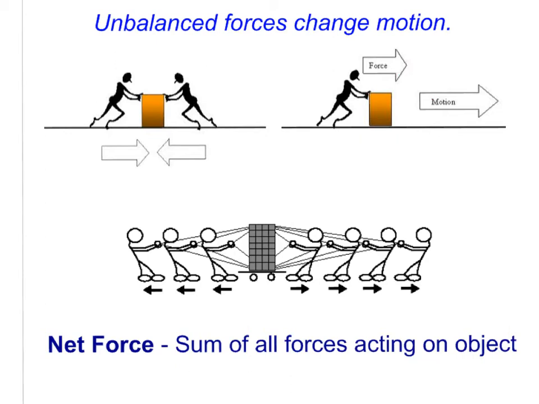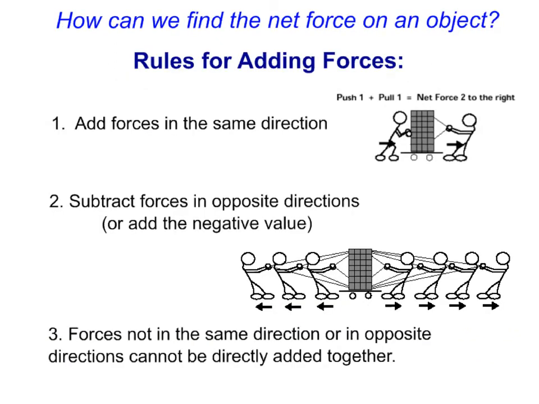Here, the net force would be this direction, right? Because the sum of all the forces acting on that object gives us a net force that is in that direction. So how can we find the net force that is acting on an object? We have a few different rules for adding forces.